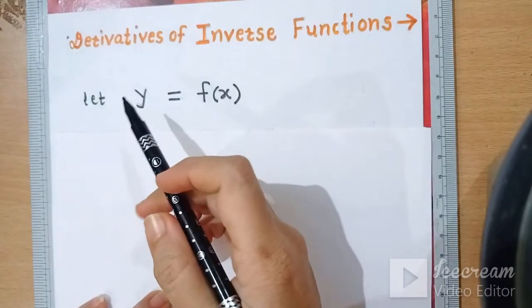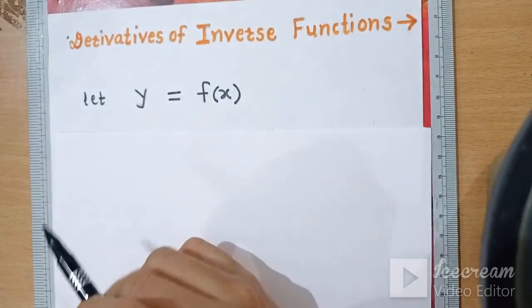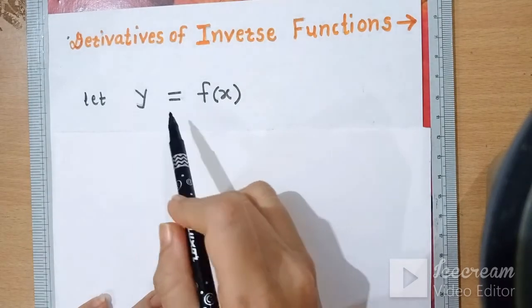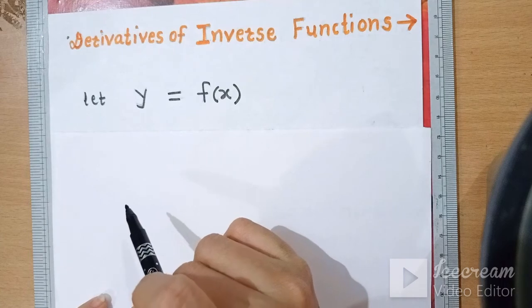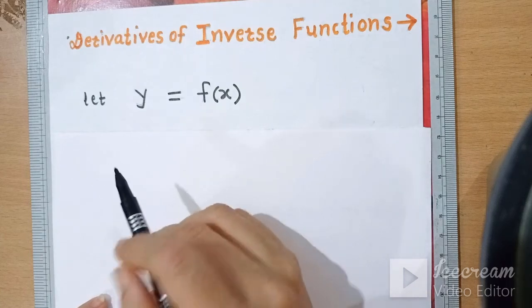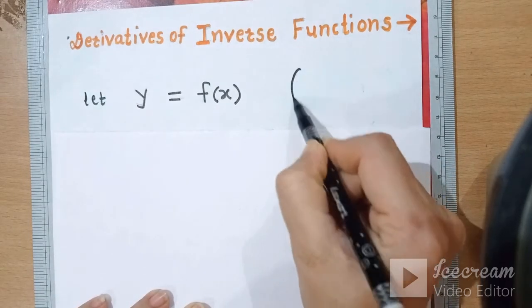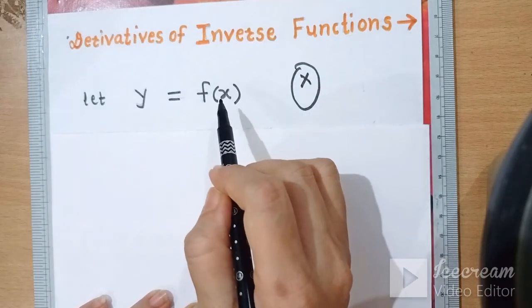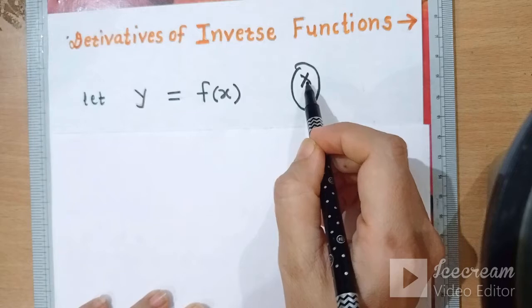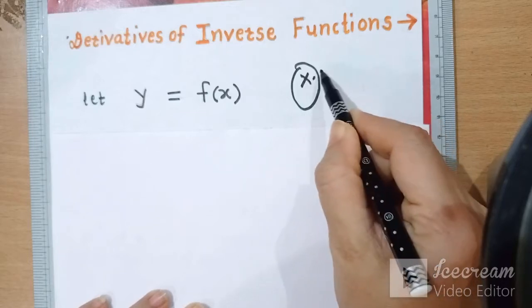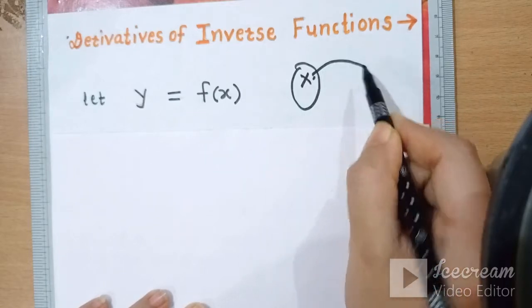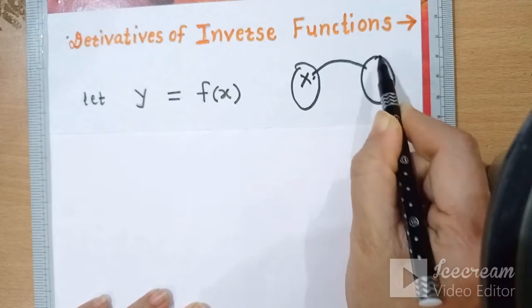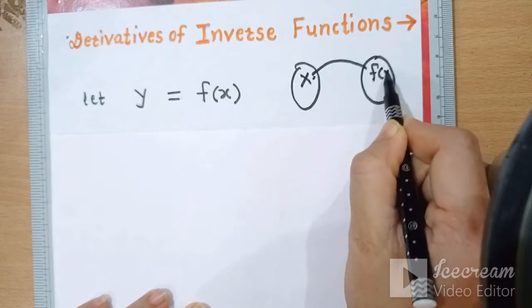Let's discuss derivatives of inverse function. Let y is equal to f(x) be a differentiable function of x. Suppose this function is 1-1 and onto. So we are considering x, and some function f would map it to f(x).